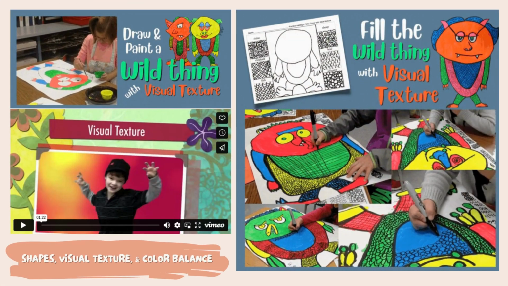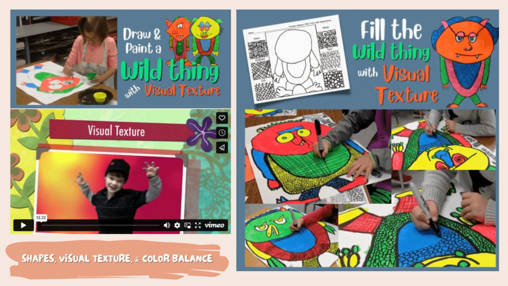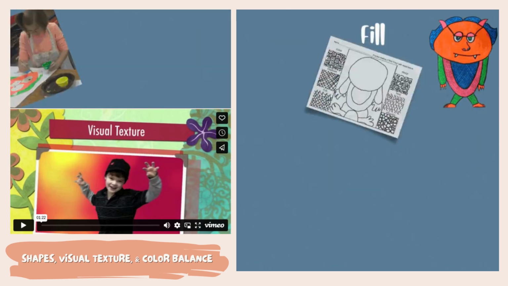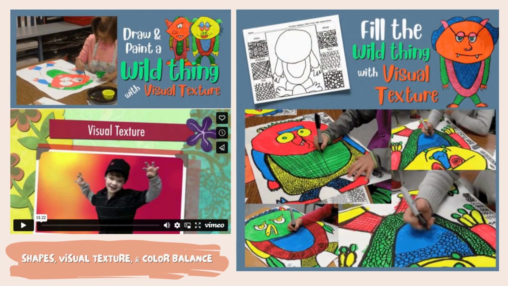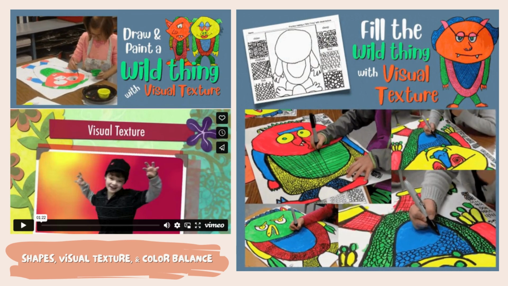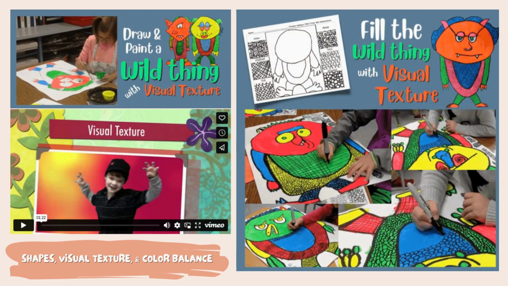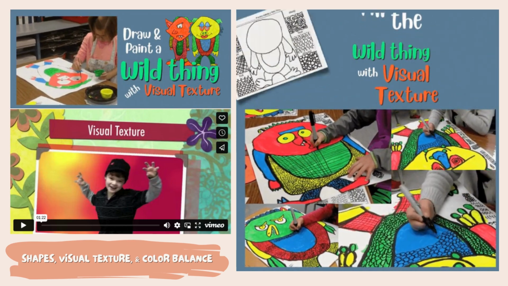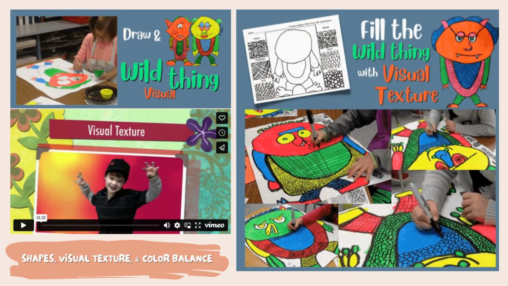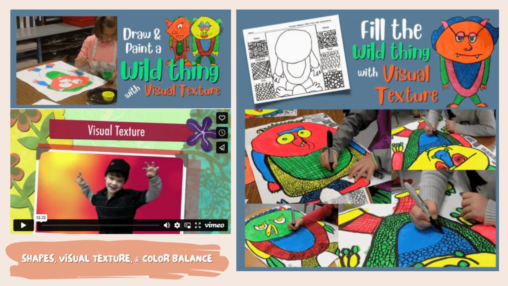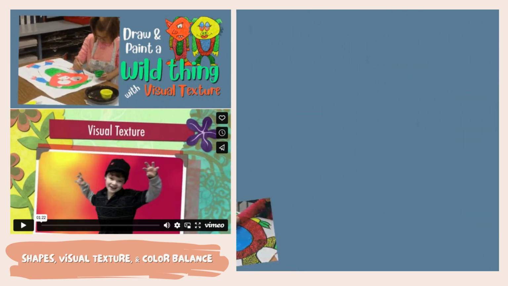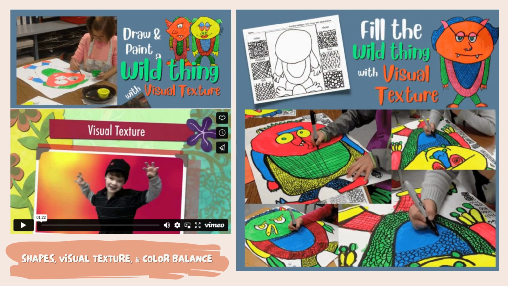The art lesson involved in this project requires students to think in terms of shapes, color balance, symmetry, and then they finalize their piece with visual texture, including a chance to listen to a song sung and performed by first graders about visual texture.